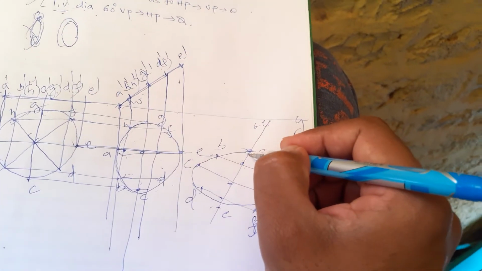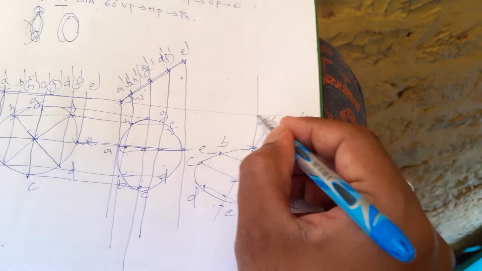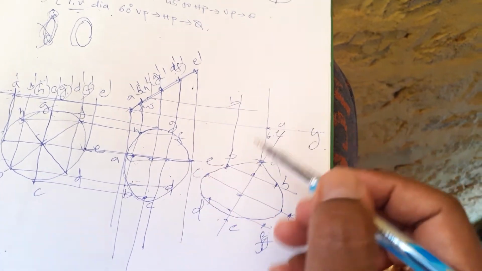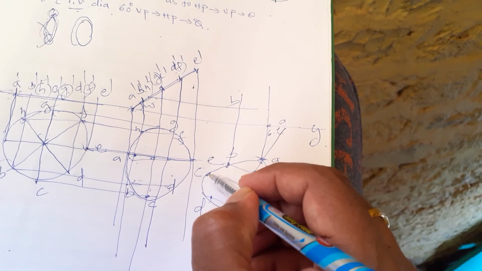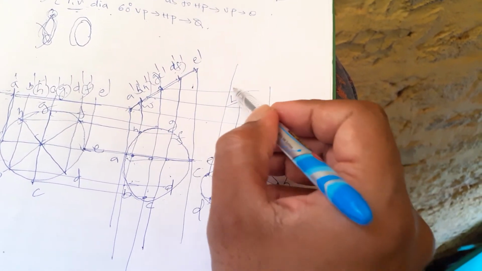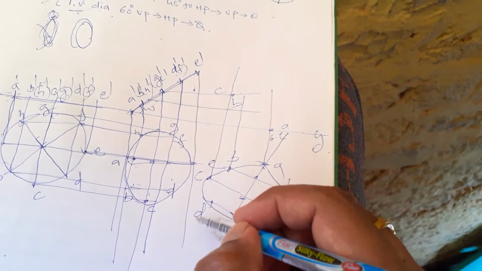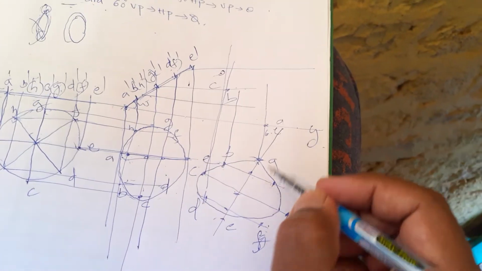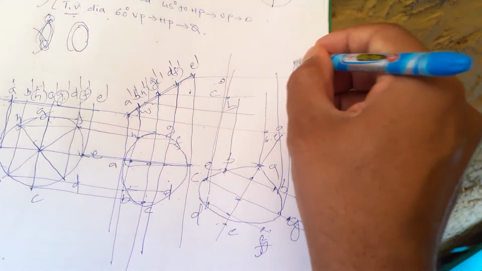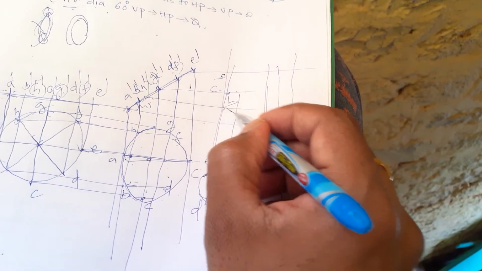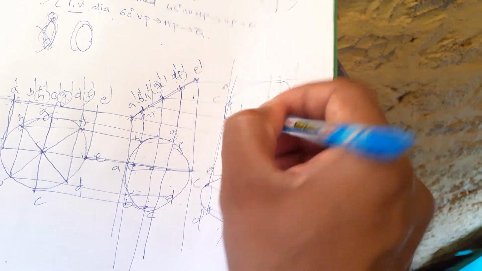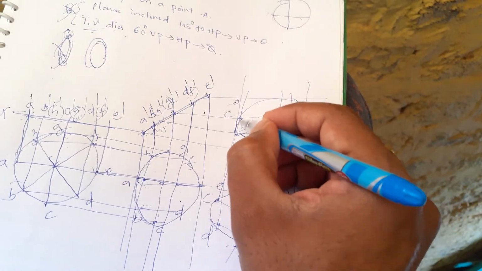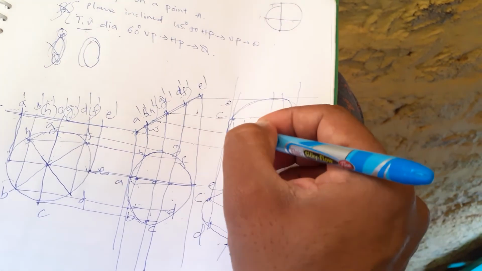Please see here, this is important: A point, B point, C point, D point. The points will come like this only. I will not show this completely. Just join A, B, C, D, E, F. It may or may not be in a proper way. Just join the curve. How it has to come, just join the points. That's all.